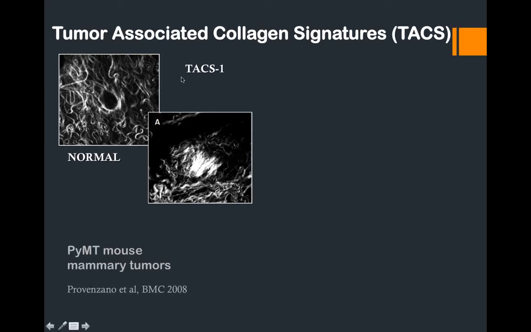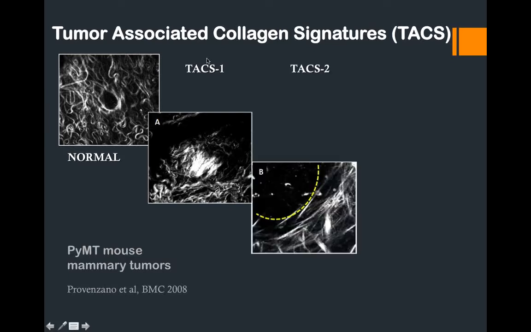And we refer to that as tumor-associated collagen signature 1, or TACS1. As the tumor grows, we see something even more interesting. We see this abnormal straightening of the fibers around the developing benign mass, and they seem to align themselves parallel to the tumor-stroma boundary. And we refer to this as TACS2.